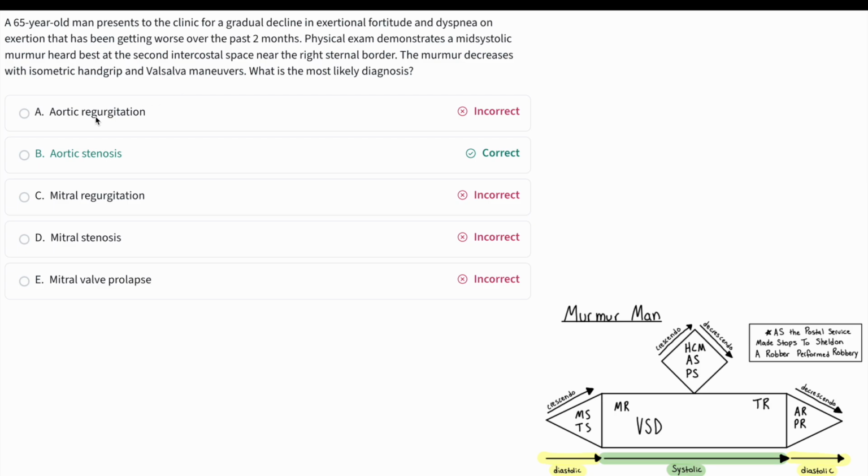And again, we know it's not mitral regurg because that would be a systolic murmur radiating to the axilla and it would most likely be holosystolic. Again, there's some variation there. It's not mitral stenosis because that is a diastolic murmur. And it's not mitral valve prolapse because we're not hearing any click.